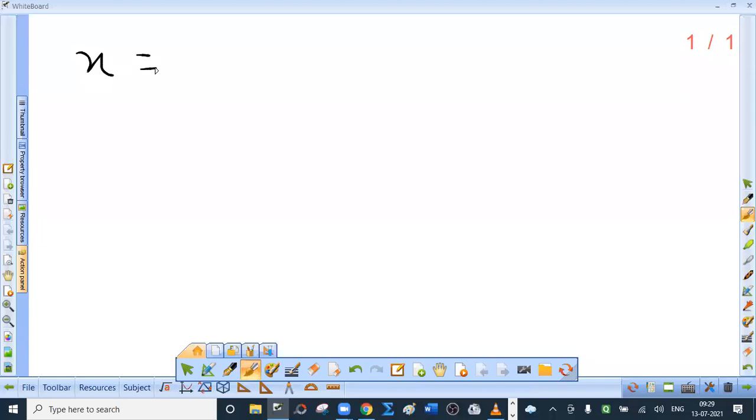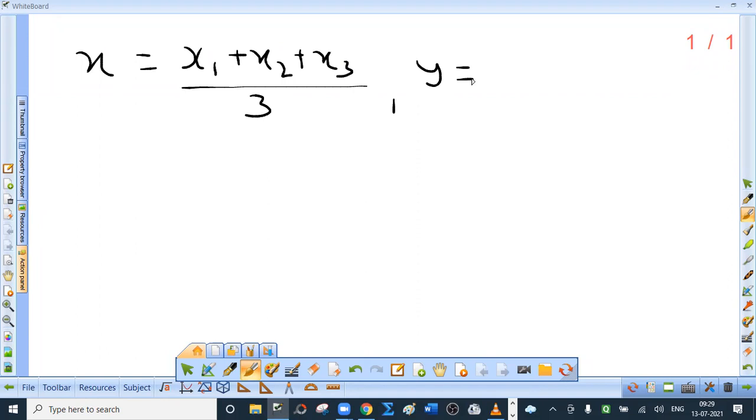What will be the x coordinate? (x1 + x2 + x3)/3. You already used this. It was 2D geometry, so it was for only x and y. Now one more coordinate, the z coordinate, is added. So this is nothing but the section formula for internal division.